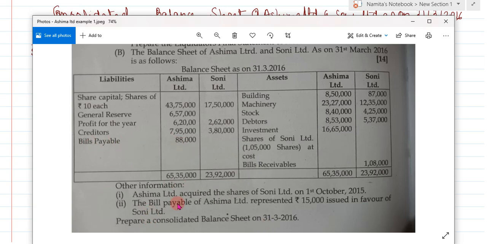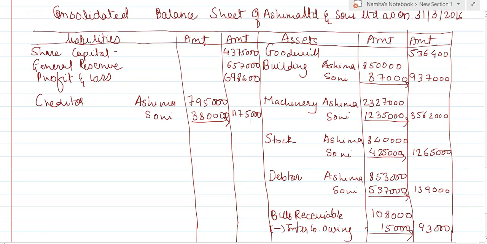So adjustment is what? Bills payable of Anshima Limited represented 15,000. So reduce 15,000 from 88,000. Like first we reduced from bills receivable, the same amount we have to reduce from bills payable also. Bills payable is how much? 88,000.